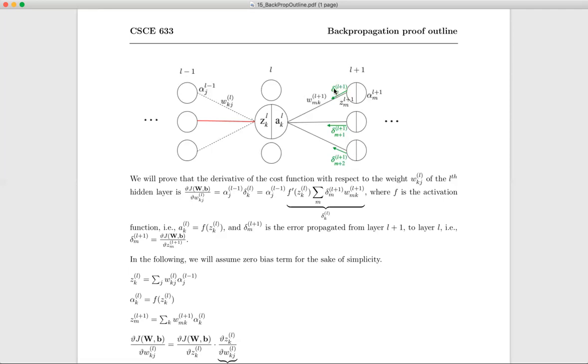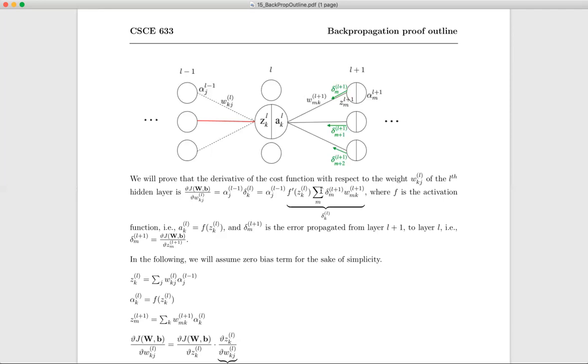These errors are denoted as delta with an exponent L+1 and are all multiplied by the corresponding weights that connect the kth node of the L inner layer with all the nodes of the L+1 inner layer. And this is what this sum is all about.